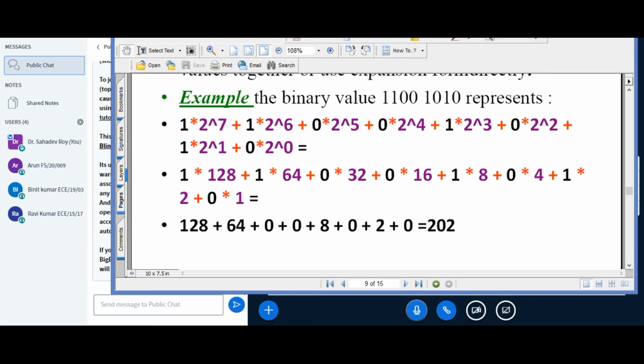So this calculation is the method for conversion from a binary value to a decimal value. But when you represent the decimal number, I write 202. So how do you know that 202 is not 202?